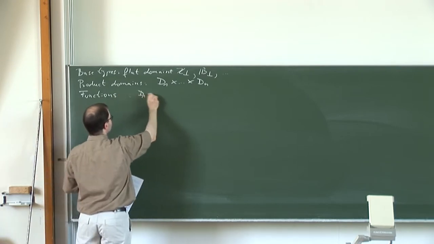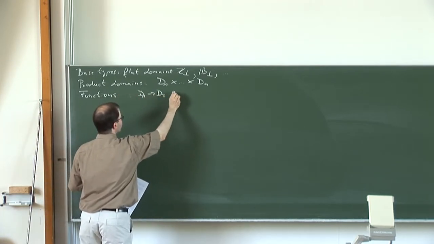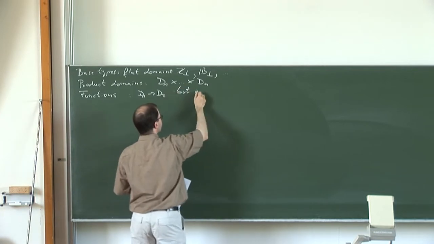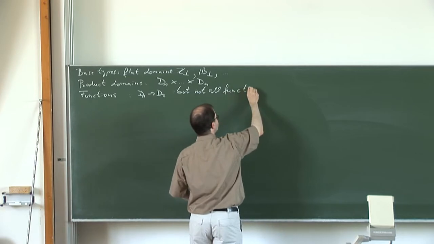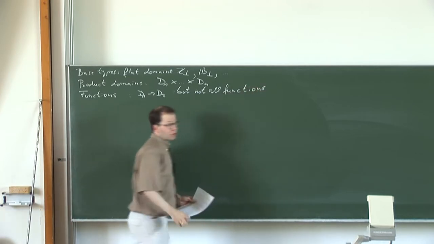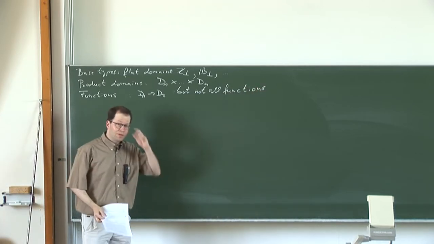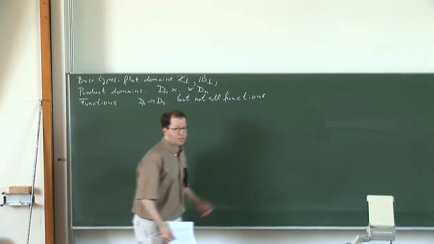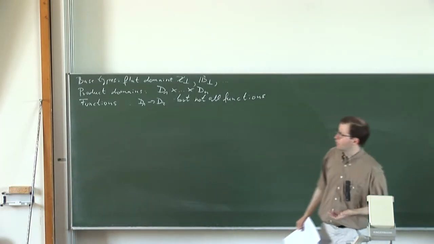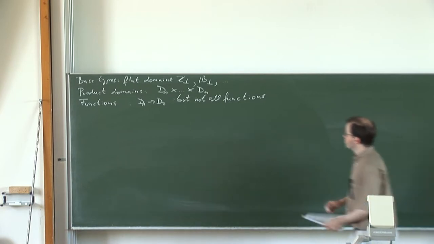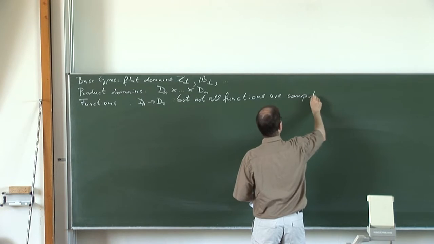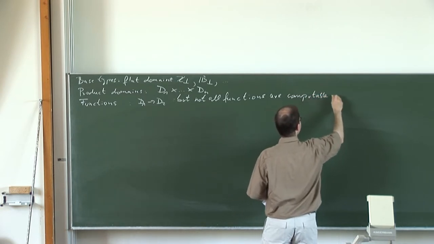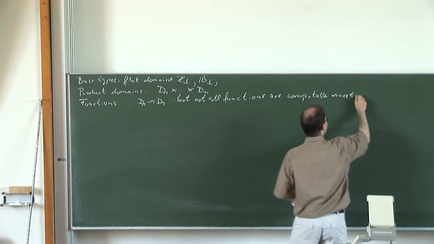So functions from a domain D1 to D2, but not all the functions. We will not consider all of the functions, but only certain functions, because not all functions are computable, and moreover, we would like them to have certain nice properties. So the functions that we look at are monotonic.